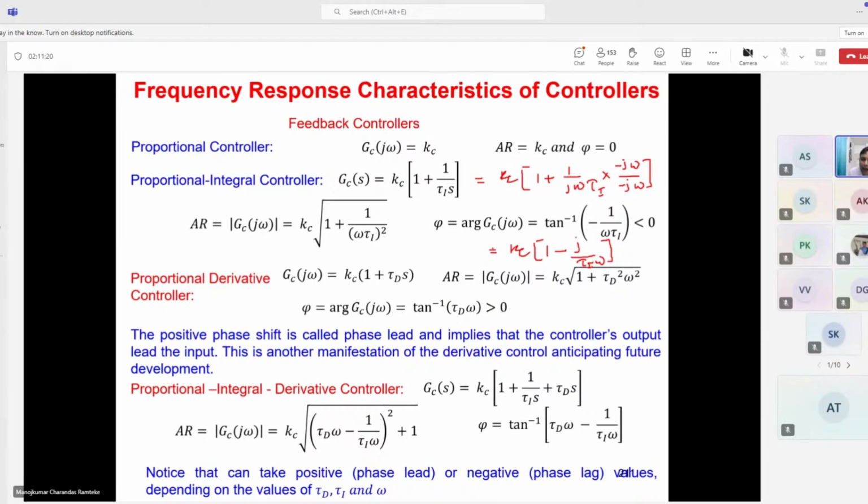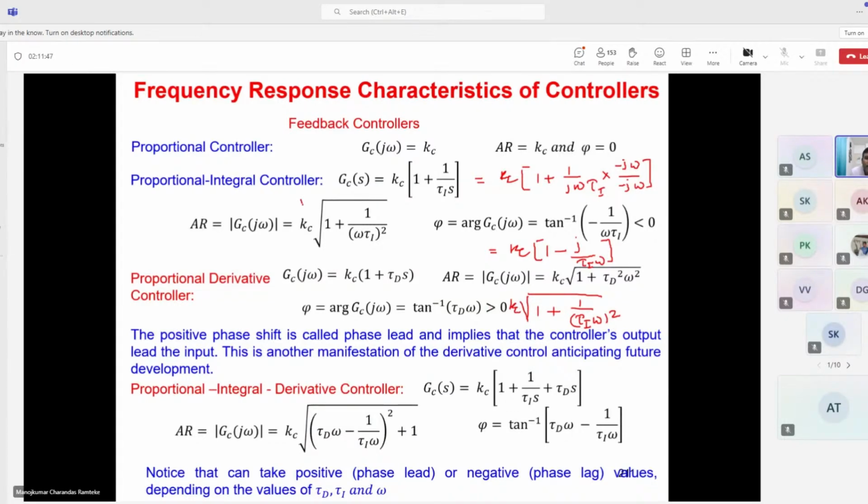Now here the real part is 1 and the imaginary part is minus 1 by tau I omega. So what will be the square of the real part? Real part square is 1, plus imaginary part square is 1 upon tau I omega square, isn't it? And under root of this entire term, into Kc, is going to be the amplitude ratio.